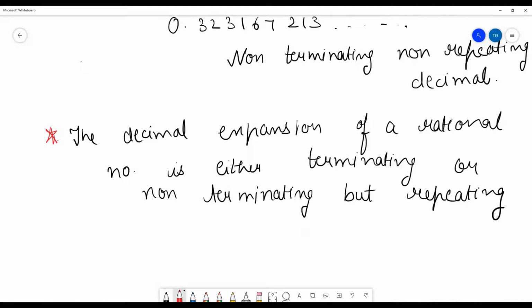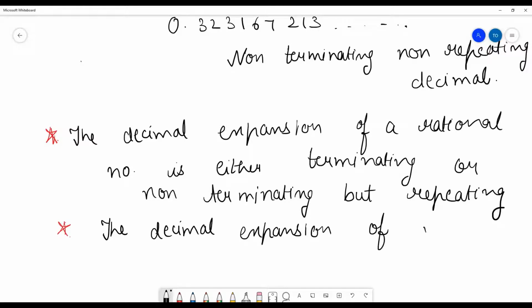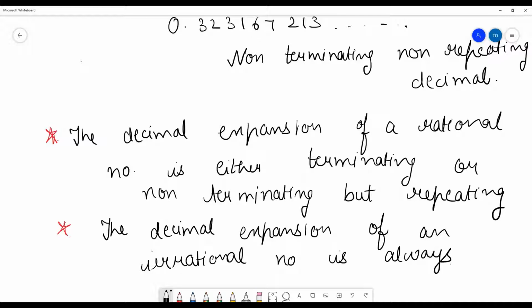And similarly, there is a property for an irrational number: the decimal expansion of an irrational number is always non-terminating and non-repeating.